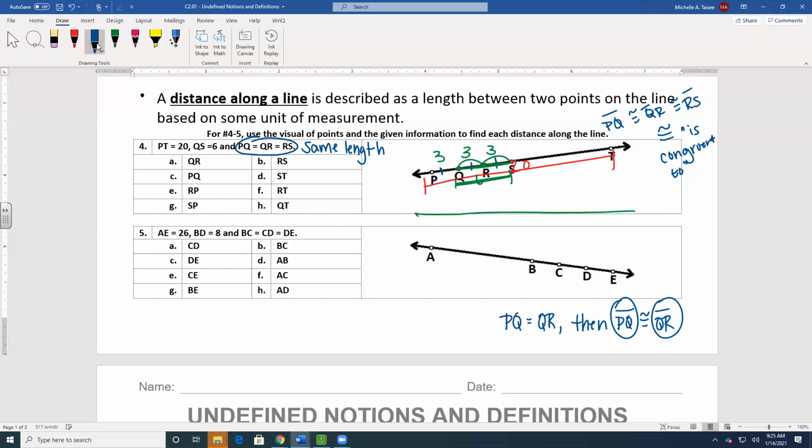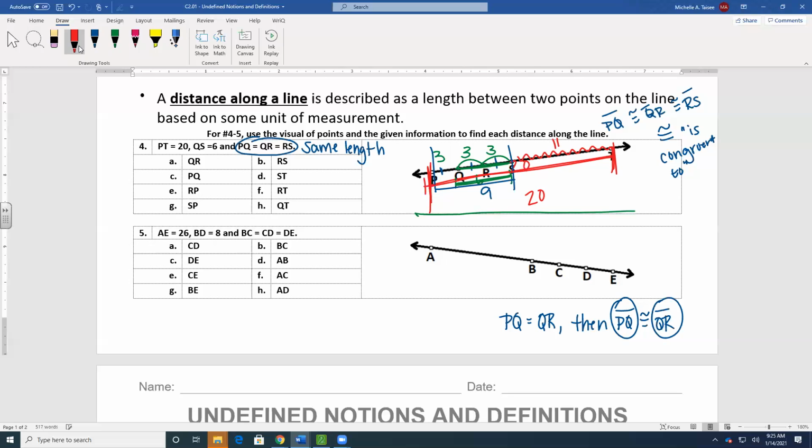So how long is it from P to S then? 9. So then, from P to T is 20. How long is it just S to T? 11.